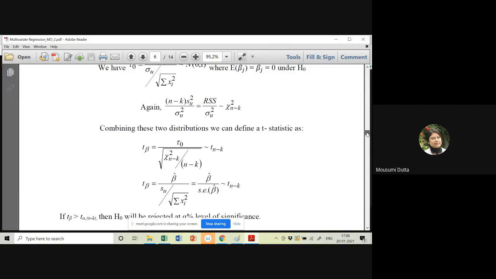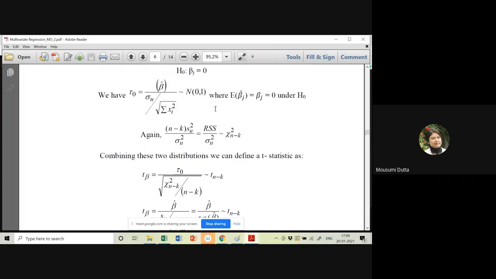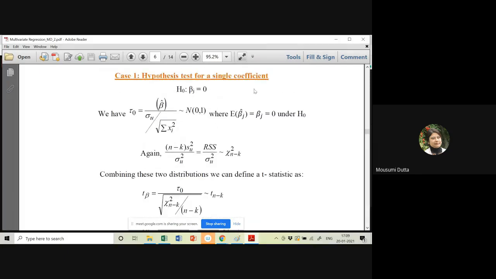Now, this null hypothesis can be tested against the alternative specifications: beta j greater than 0, beta j less than 0, beta j not equal to 0. For the first two varieties, that is beta j greater than 0 and beta j less than 0, we are considering the one tail test.